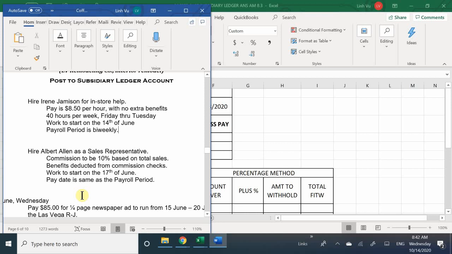Meaning we don't have to pay for anything for him because this person is just commission based. We don't pay for their Social Security or for their Medicare because they're an independent contractor.